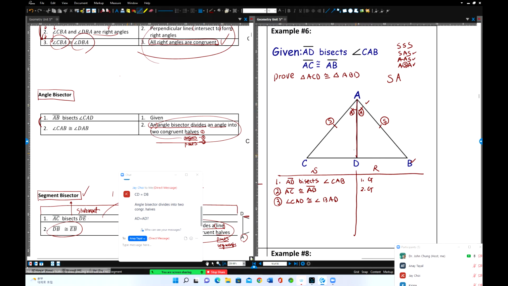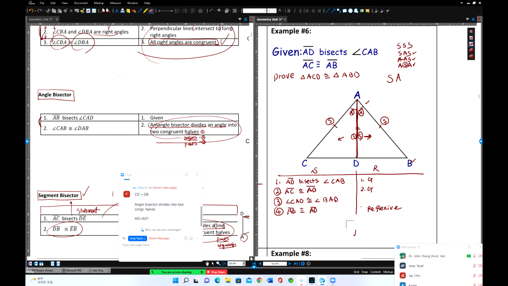AD, this side on the left triangle, this side on the right triangle, they are the same length, okay? You got that, they are done. Say that. It's done. AD congruent AD. Okay, this is reflexive. The reason over here, this is number 4.